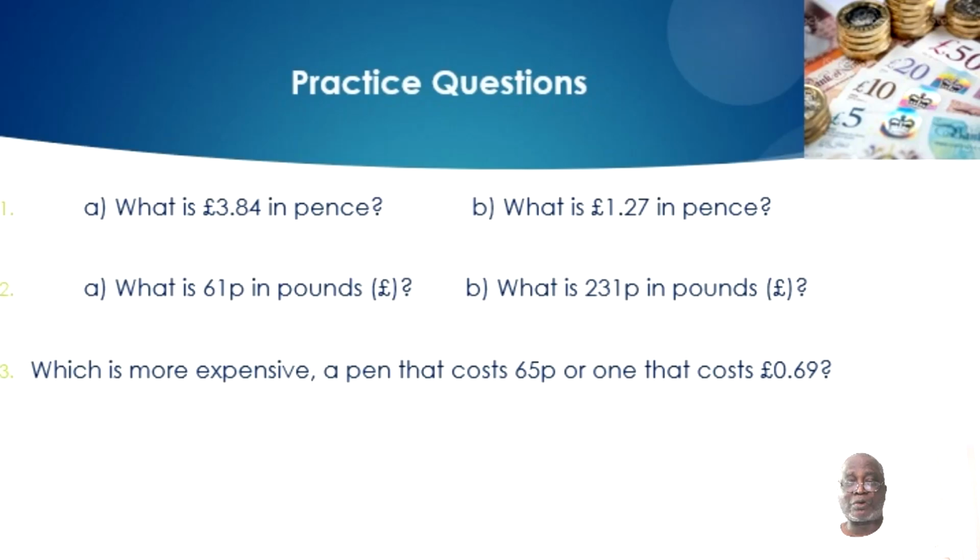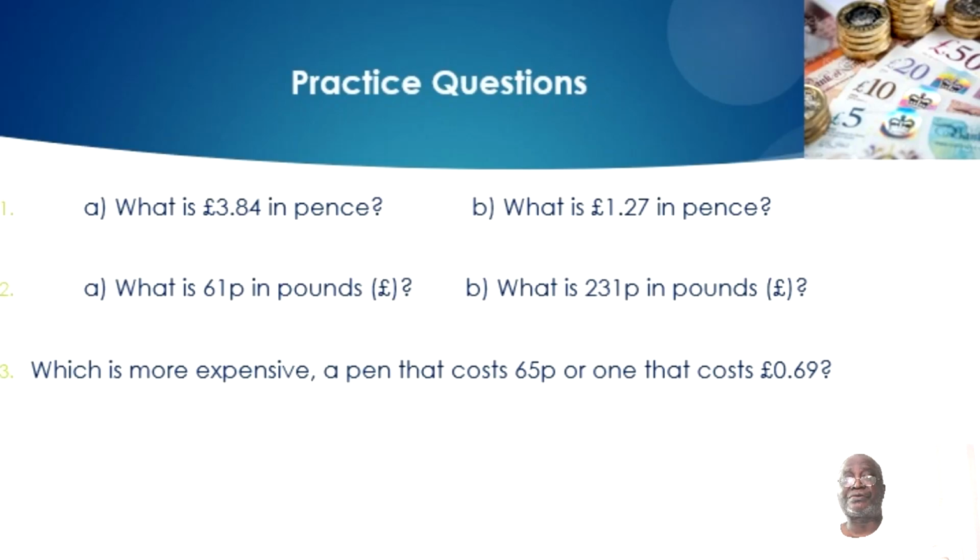What is £1.27 in pence? What is 60... and then 2A, what is 61p in pounds? Remember, all you have to do is put how many pounds. If it's £0, you put £0.61. Question 3, which is more expensive? A pen that costs 65p or one that costs £0.69?